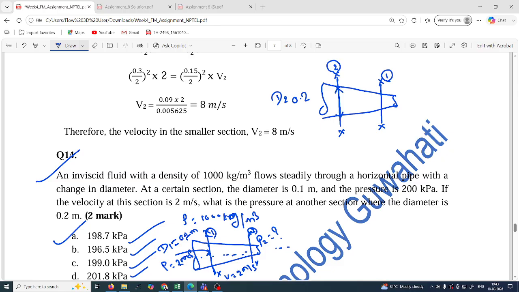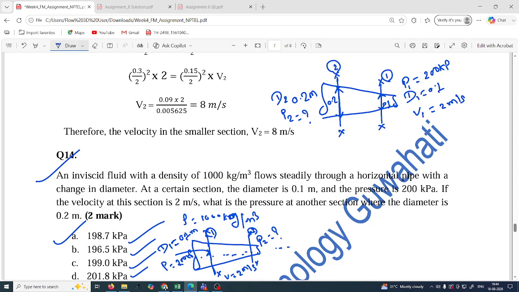Okay, and here you need to calculate the pressure at 1, the diameter is given 0.1, so d1 is 0.1, velocity v1 is 2 meter per second, and your pressure p1 is 200 kilopascal. So this is the question. Okay, everything is fine. Now, because the question is asking about the pressure, you cannot simply apply the continuity equation.